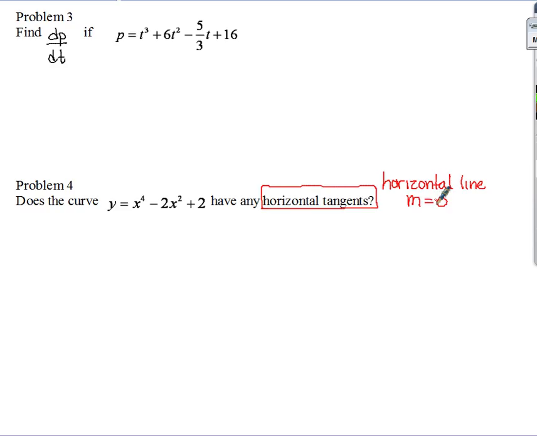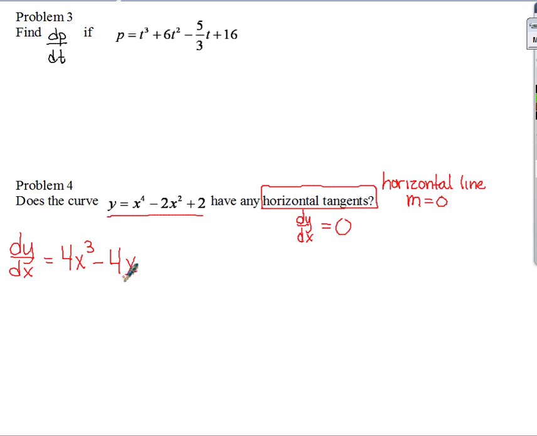And what's the derivative? Slope. So for a horizontal tangent, we want dy dx to equal 0. So the first thing we have to do is take this equation and find dy dx.